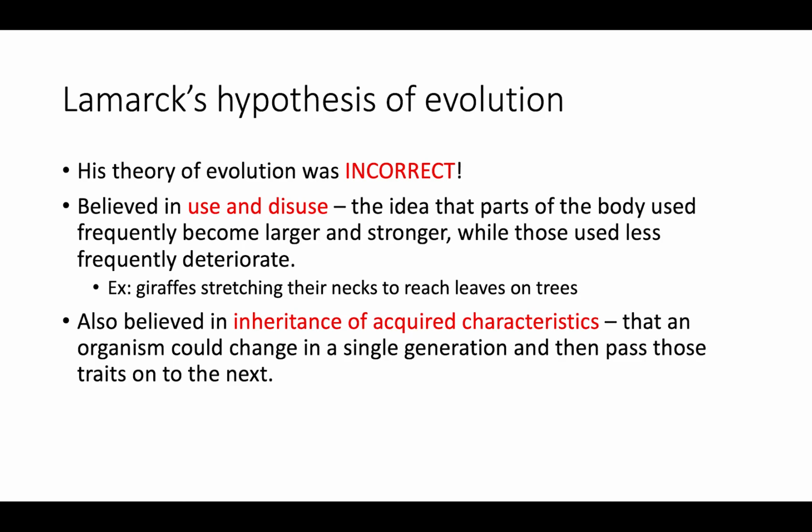For example, going back to the giraffes, he thought that if a giraffe was born with a shorter neck, but over time stretched it more and more to reach leaves on taller and taller trees, by the time that individual was of reproductive age, they might have a pretty decently sized neck, and that organism would then be able to pass on the length of its neck to its offspring, so that they would also be able to reach the leaves on the taller trees.